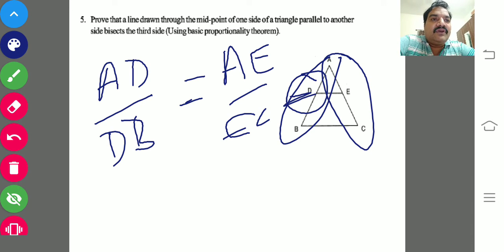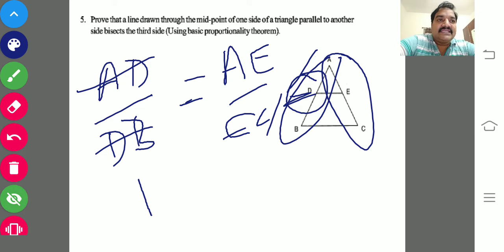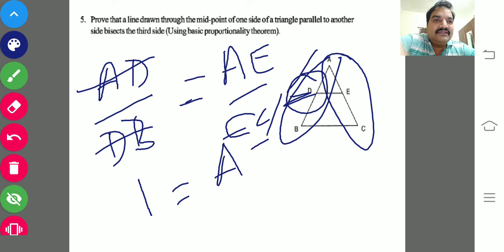So D is a midpoint means what? Automatically AD equals DB. AD and DB are equal lengths. Automatically you will reach 1, because equal by equal we know automatically you will get 1.